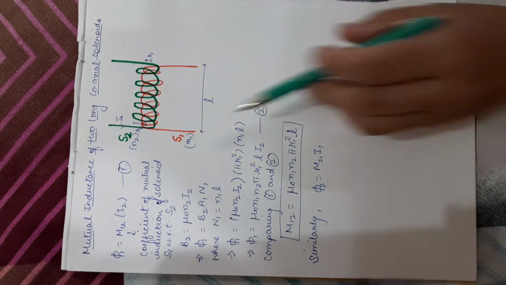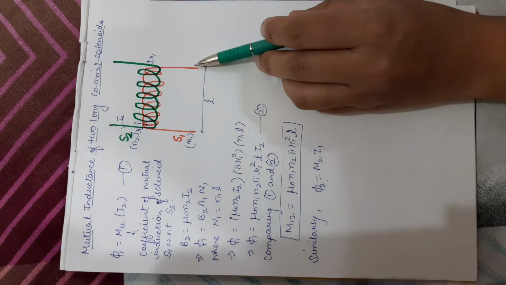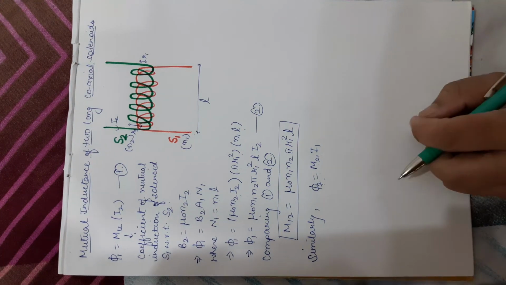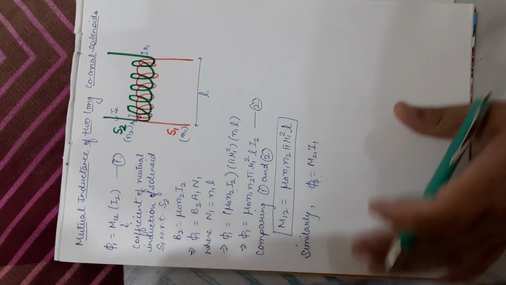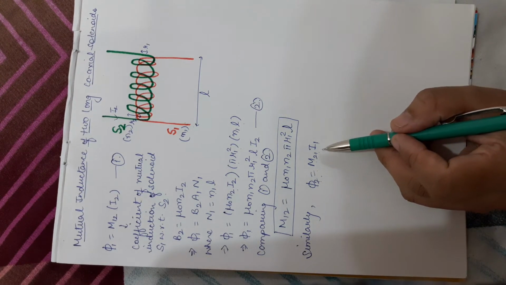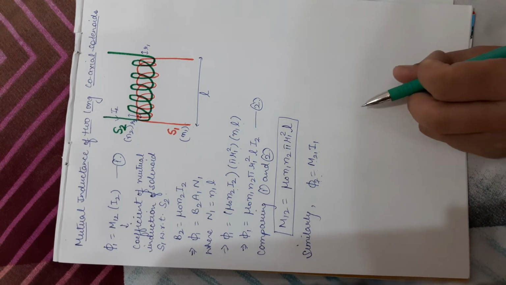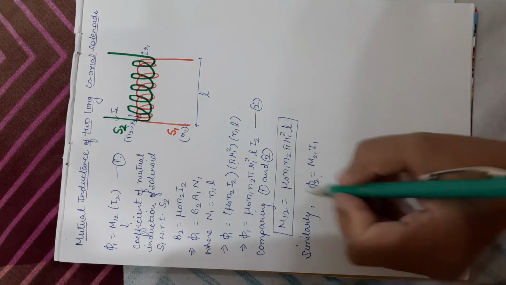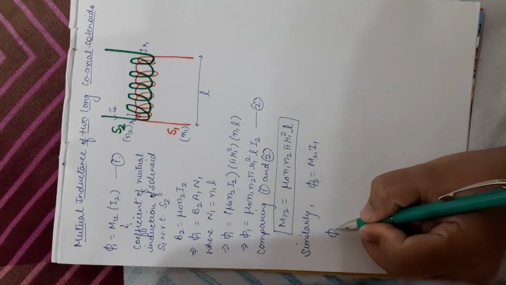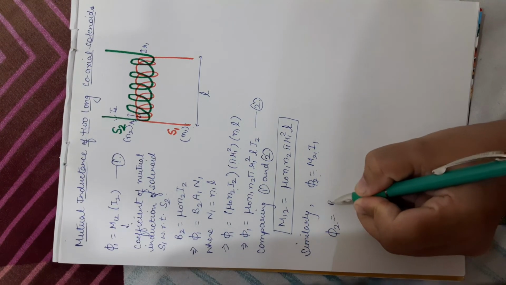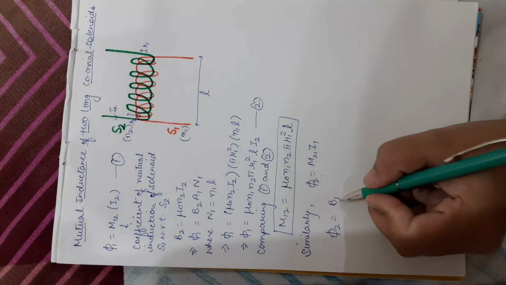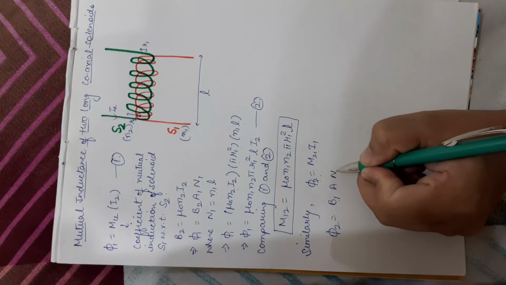So now the current is passing through S1 and it is resulting in mutual induction in S2. We are doing the reverse case now, where M21 is the coefficient of mutual induction of solenoid S2 with respect to S1. Now again another definition, the traditional one, in which phi2 is equal to B1, because the magnetic field is to be taken of the other solenoid, area and the number of turns.